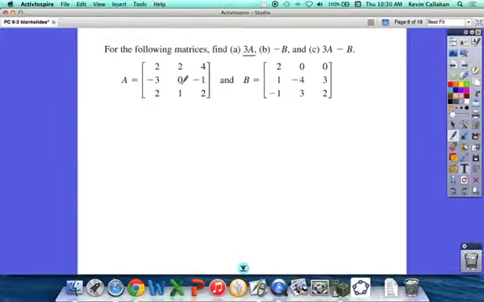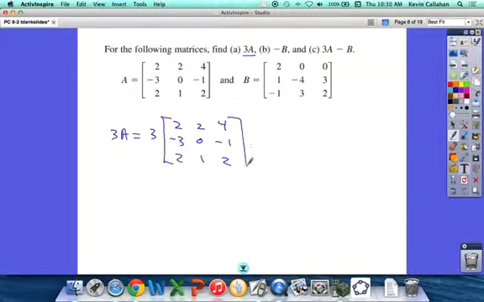Given these two matrices here, we're defining A and B, and we're going to do these three operations. The first one says multiply A times 3. So that would say 3A is 3 times the matrix 2, 2, 4, -3, 0, -1, 2, 1, 2.